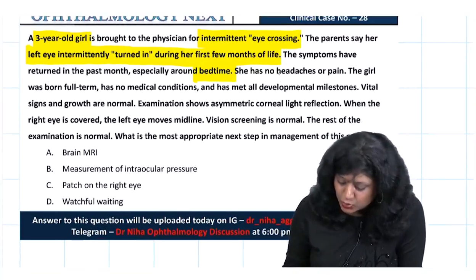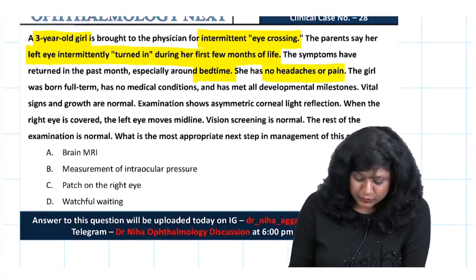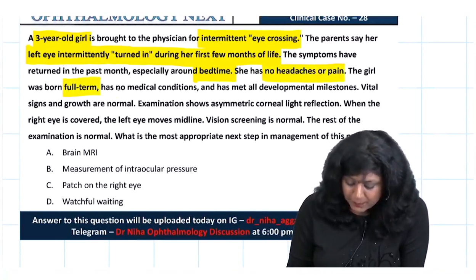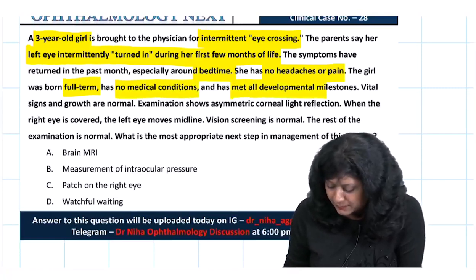She has no headache or pain. The girl was full term, with no medical conditions, and she has met all the developmental milestones.